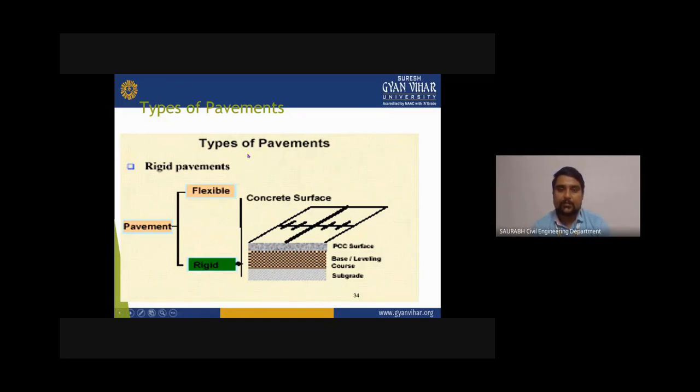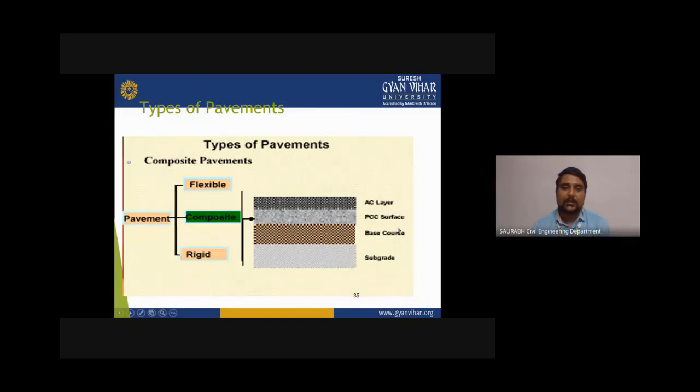Now we will see the types of pavement known as rigid and composite. You can see here the cross section of a rigid pavement. There is also a PCC surface. This is different from the traditional rigid pavement, where we are using the PCC surface. Now we will see the cross section of a composite pavement.